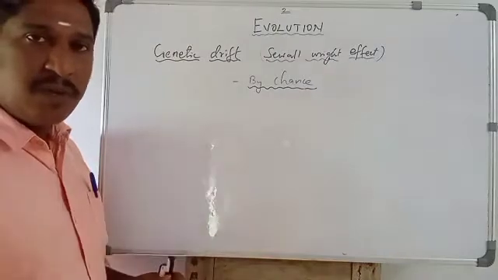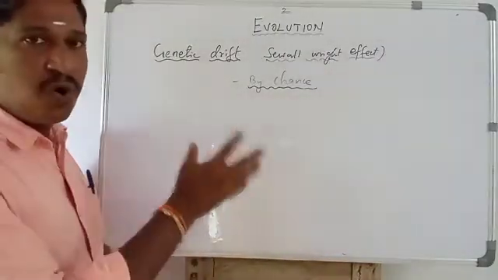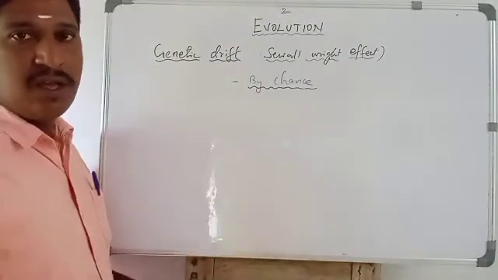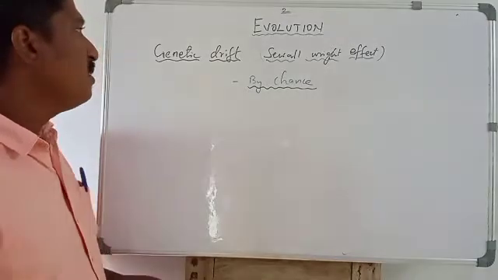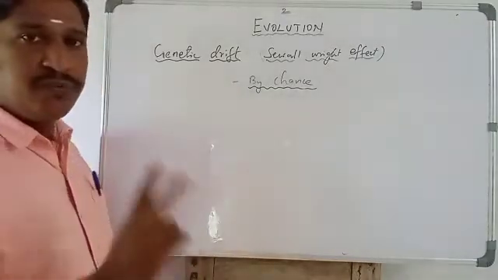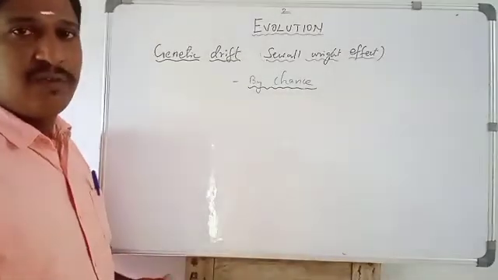When a small population lives in a particular region, genetic drift is a strong force to change the frequency of a population. In genetic drift, two forces can act to change the frequencies.